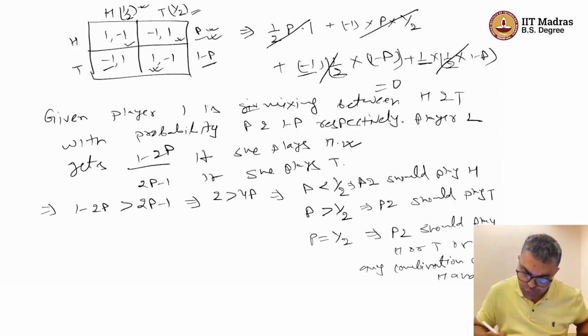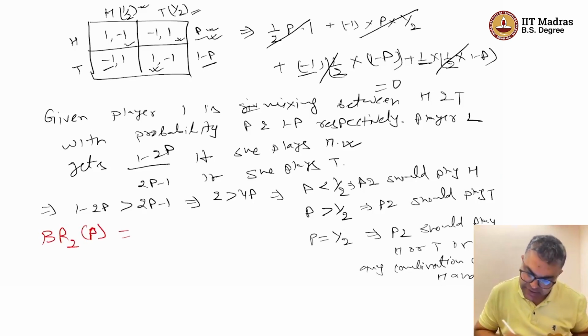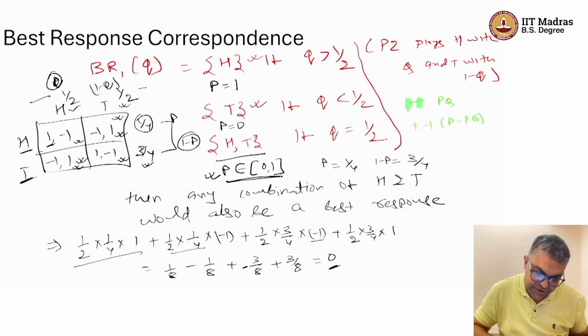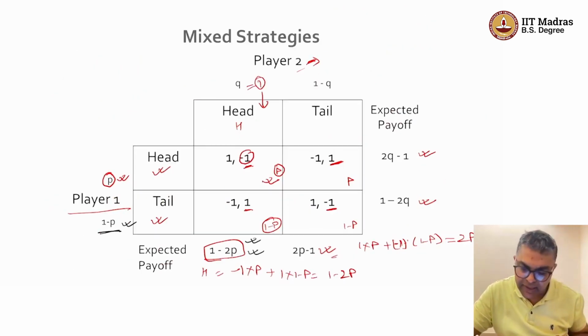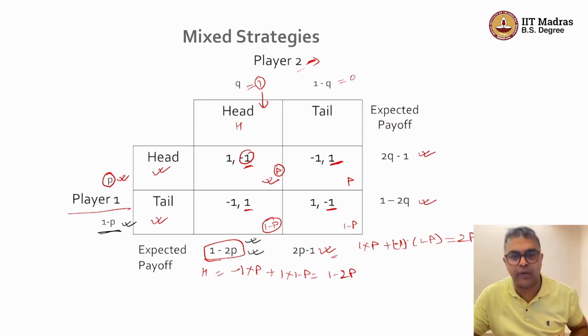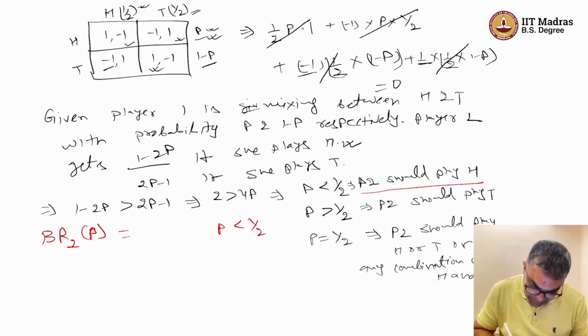If we want to use the best response of player 2 given player 1 is playing p: if p is less than half, player 2 should play h. Playing h means this q has to be equal to 1, and 1 minus q has to be equal to 0. So both will be satisfied when q is equal to 1. So player 2 should play q equal to 1.